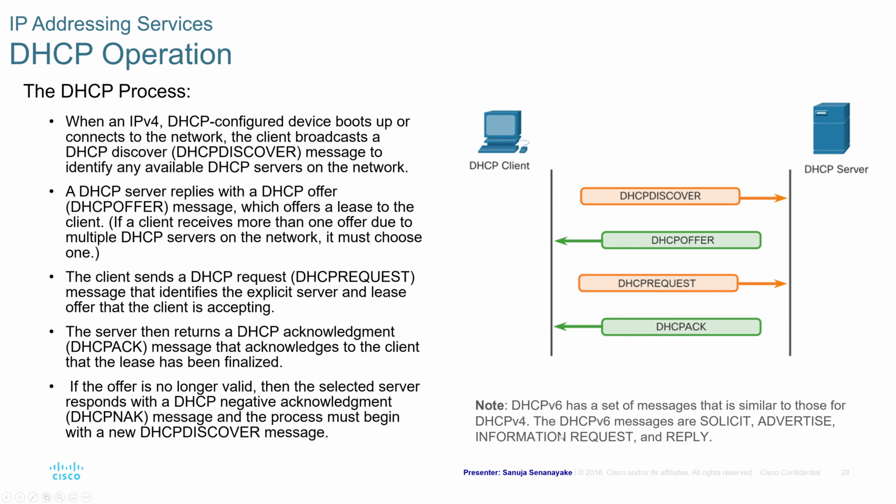Note, DHCP version 6 has a set of messages that is similar to those for DHCP version 4. The DHCP version 6 messages are solicit, advertise, information request and reply, as opposed to DHCP discover, DHCP offer, DHCP request and DHCP ACK messages on the IPv4 side of DHCP.